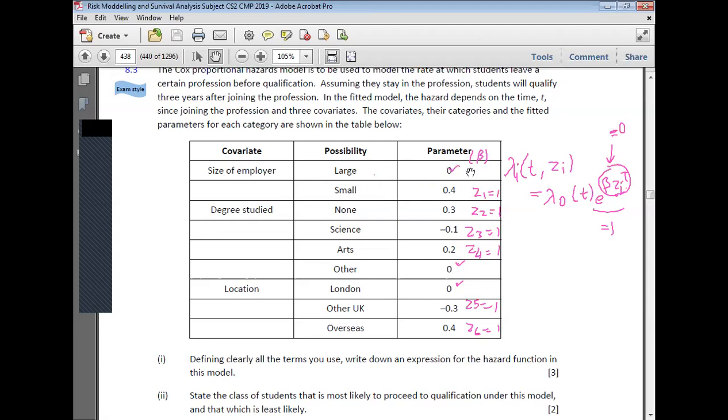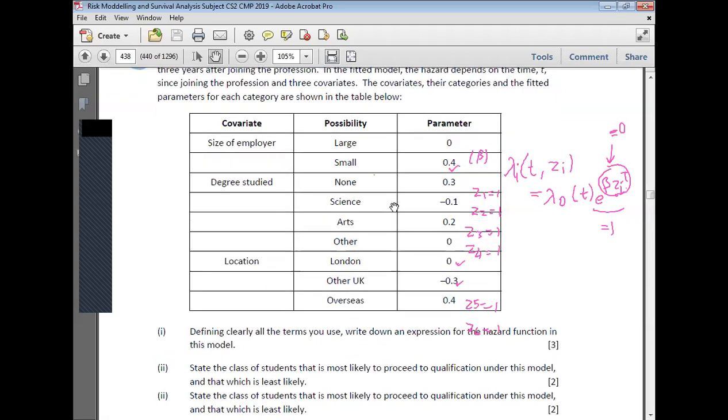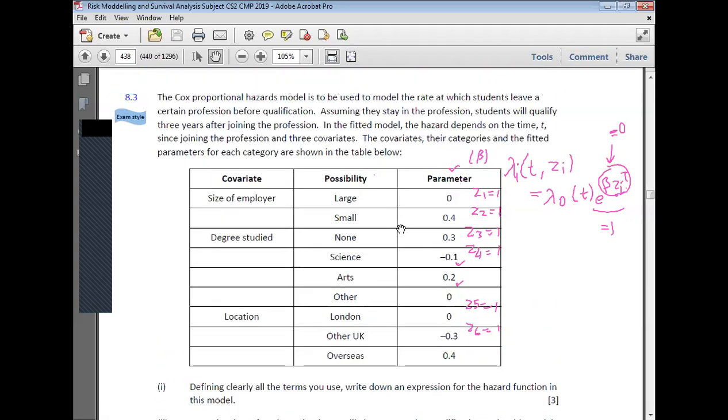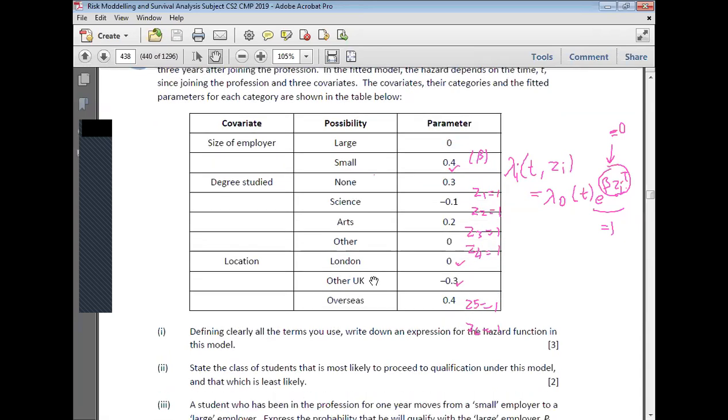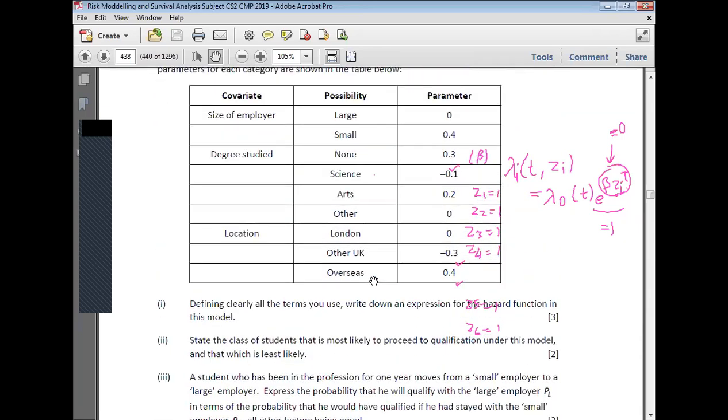But my beta for the large is 0, so this Z1 will just not show up in the equation at all. So I will not know whether the person is from a large company or a small company if my Z1 doesn't show up in the equation. That is why, once you're given that the parameters are 0, you take those as your base category. That is how you define your covariates.